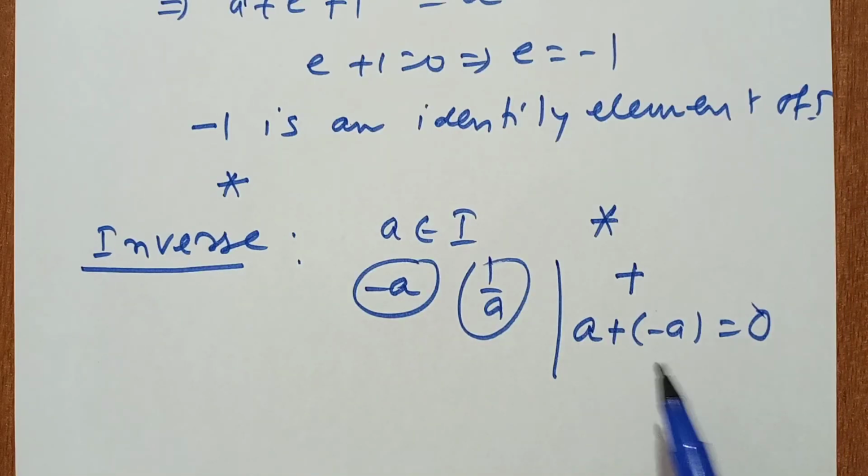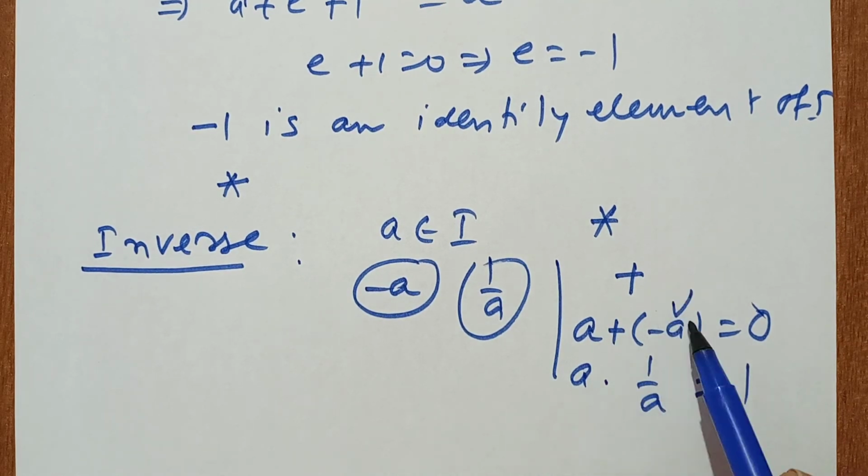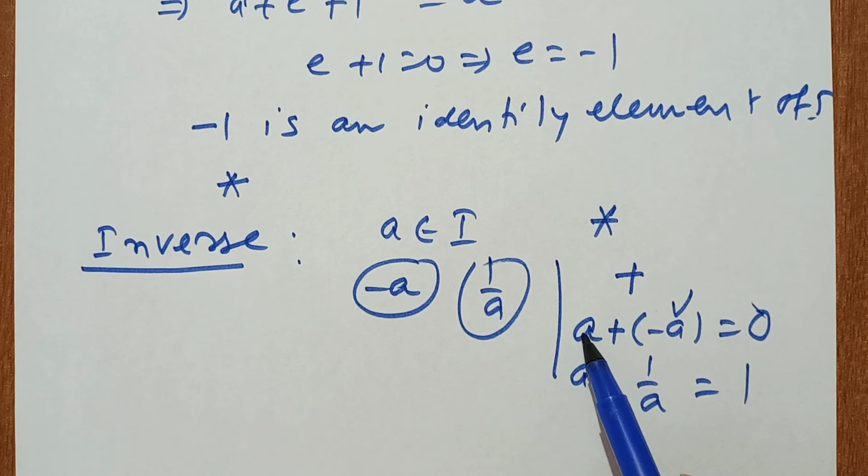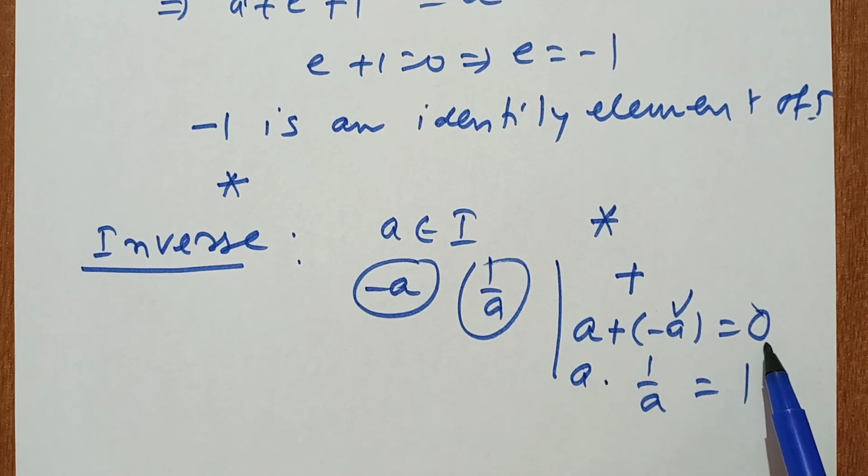In the case of dot, A dot 1/A is equal to 1. It means if this is an inverse of this, we get the identity.